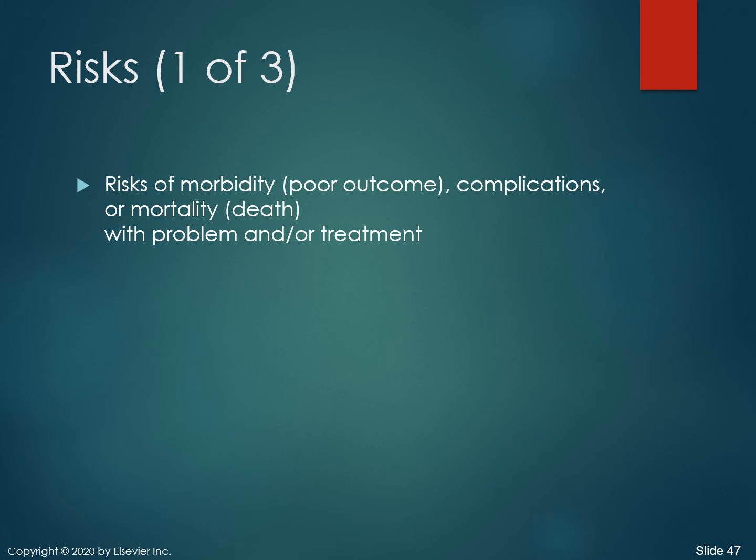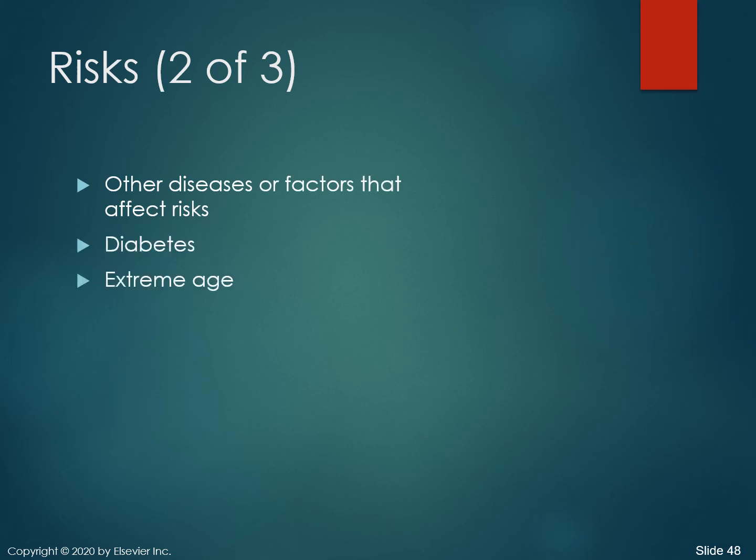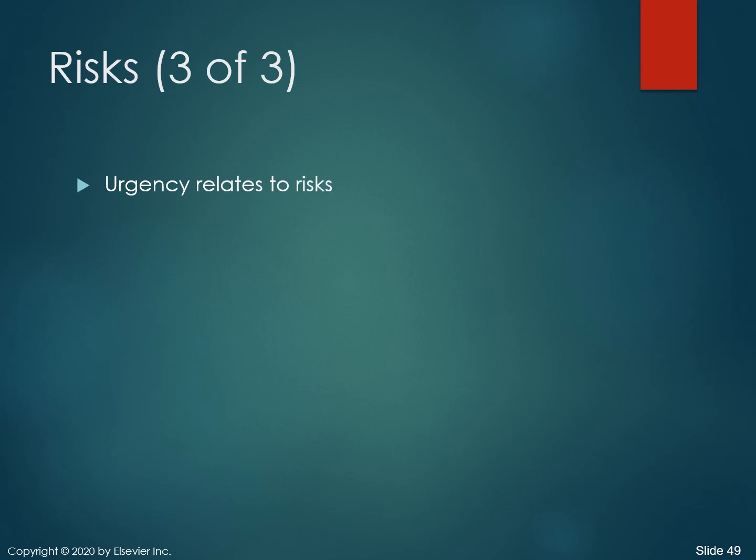So the risk of morbidity or mortality would be, for example, complications. There could be complications or even death with the problem and/or other diseases or factors that affect the risk, could be diabetes, age. Urgency relates to the risk, like myocardial infarction. There's an urgency there, right?